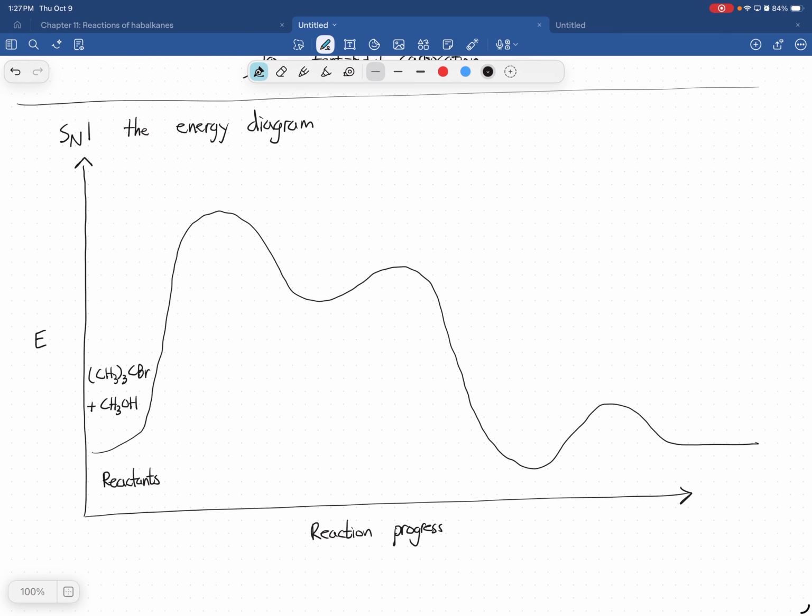But first, let's talk about the first transition state. TS stands for transition state, so let me write that out. What's happening in the transition state is you have your alkyl halide, and the bond is breaking to form the carbocation.